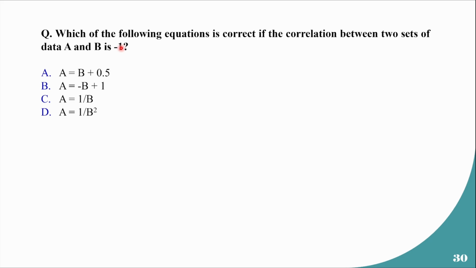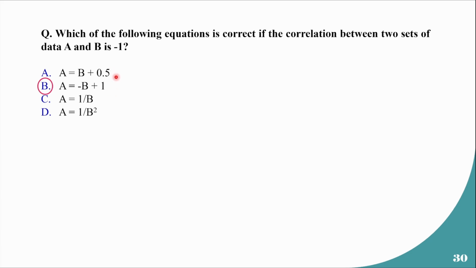In that sense, you can also think of it. But here, since it is giving us -1, I think that would not be a correct way to judge it. So in this particular case, the answer actually is A equals minus B plus 1.